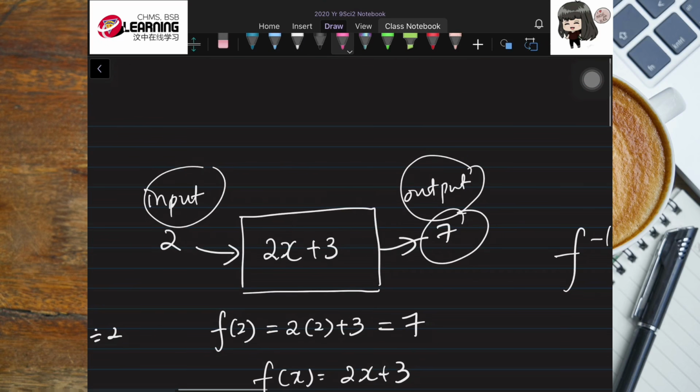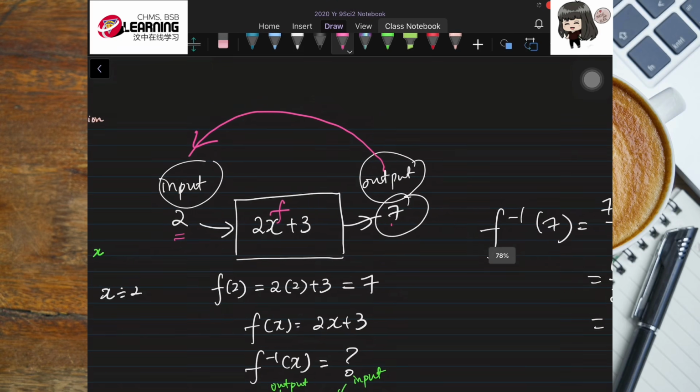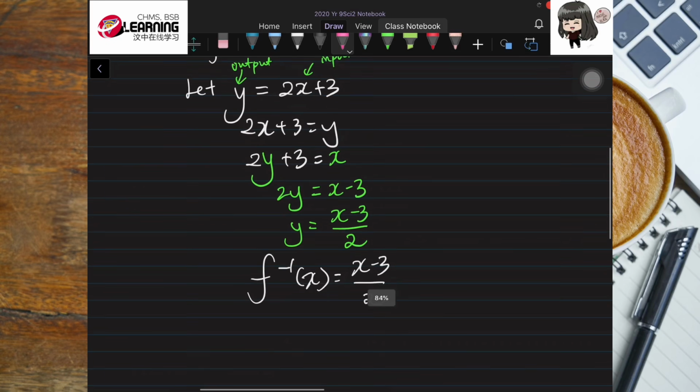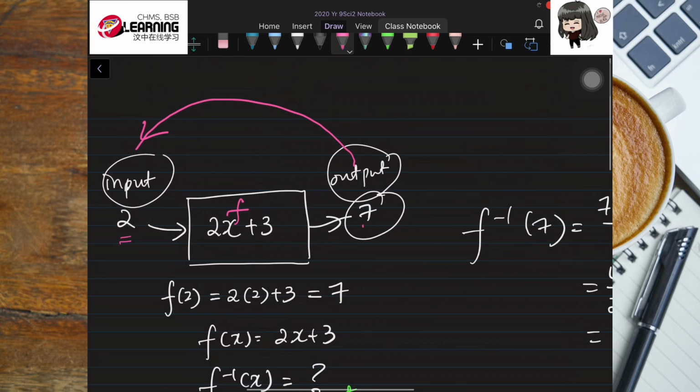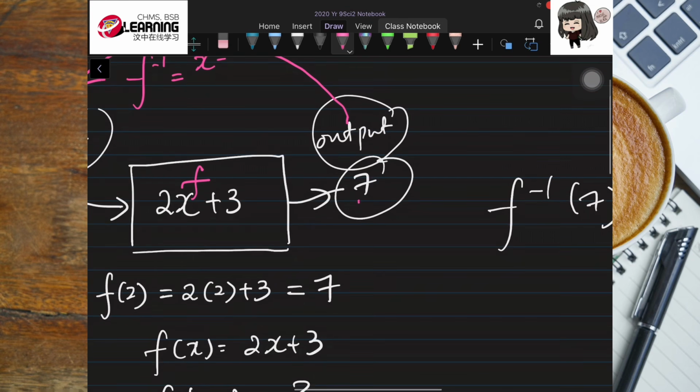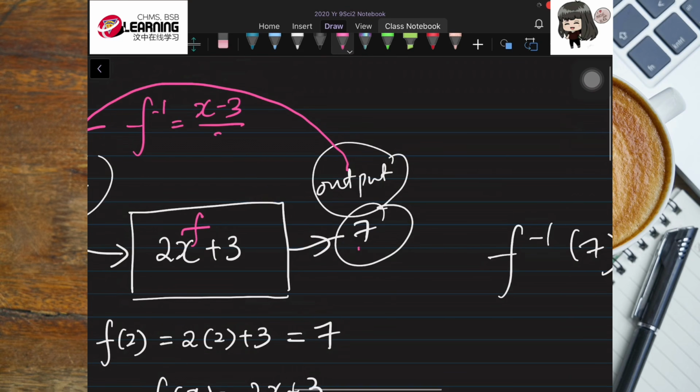Look here: your 2 going through function f becomes 7. So now to get from 7 back to this 2, you need another rule, the one we found just now, x minus 3 over 2. So your f inverse now is (x minus 3) over 2.